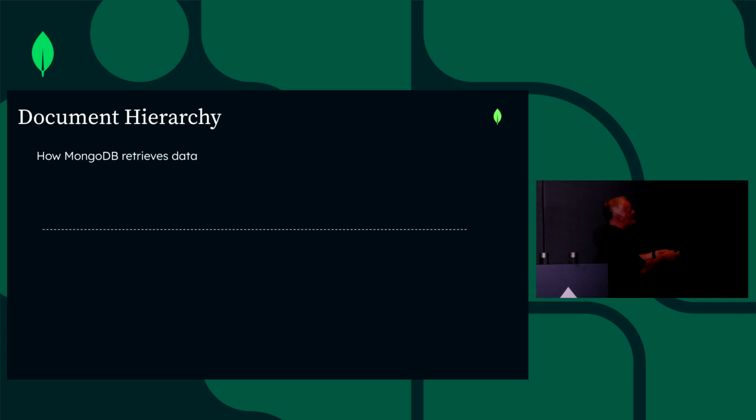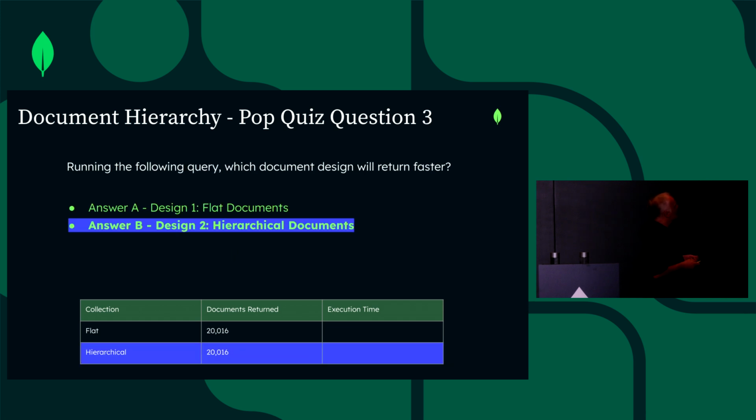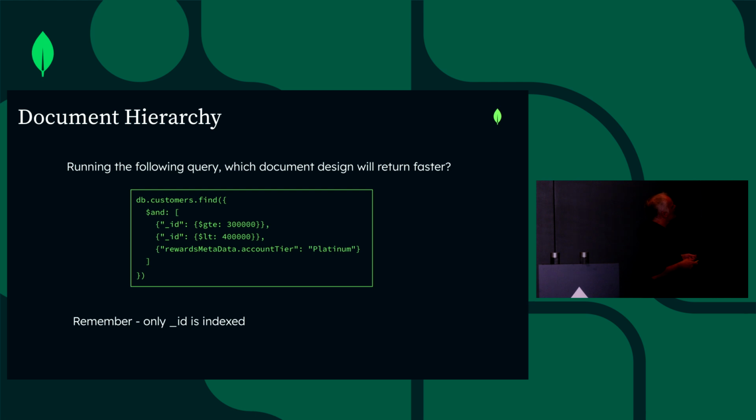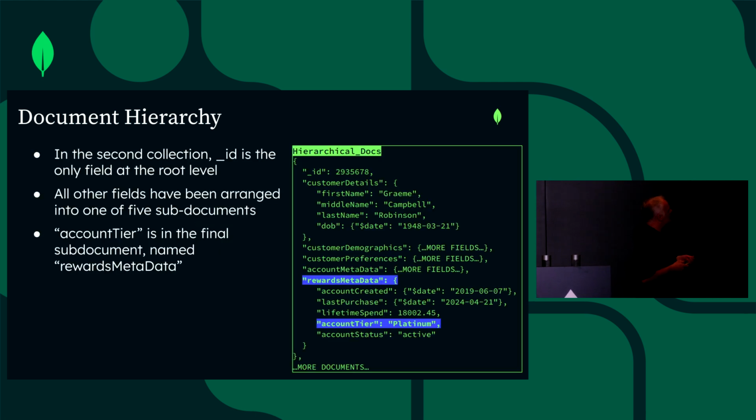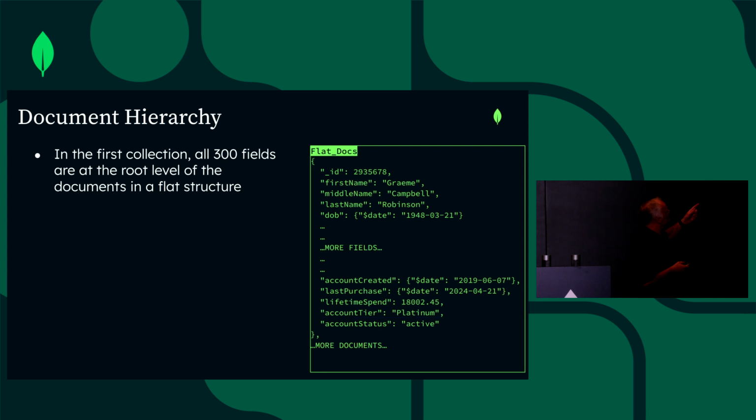The answer is I don't remember the numbers, so we have to go back. In this particular case, we added the hierarchy. I think we had 300 fields.